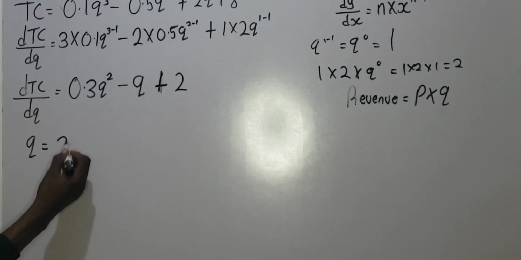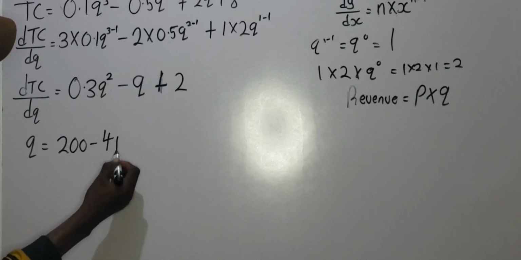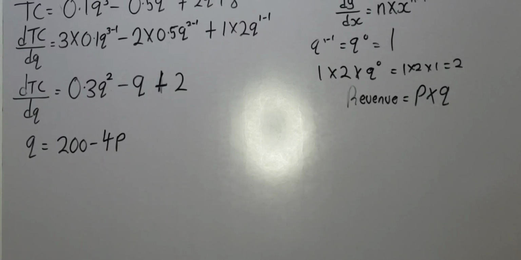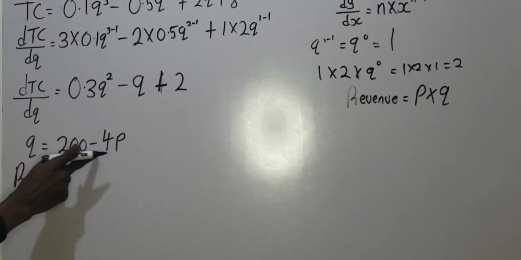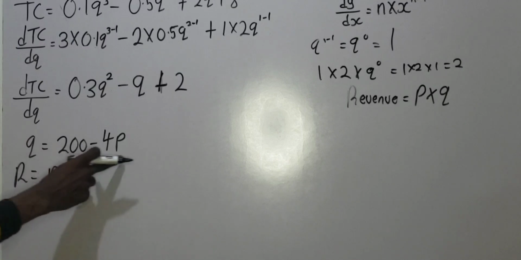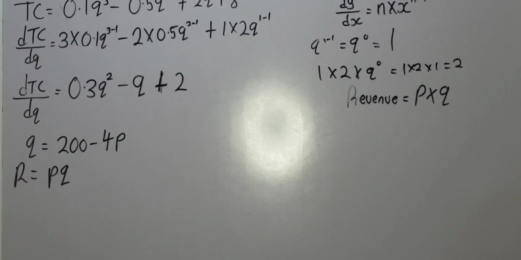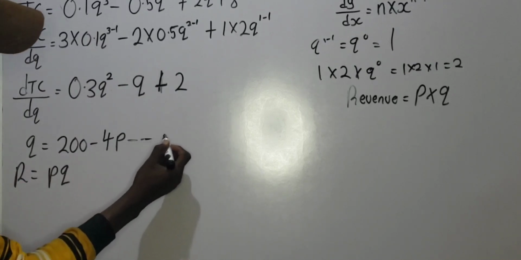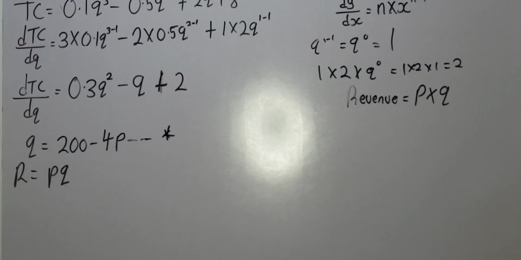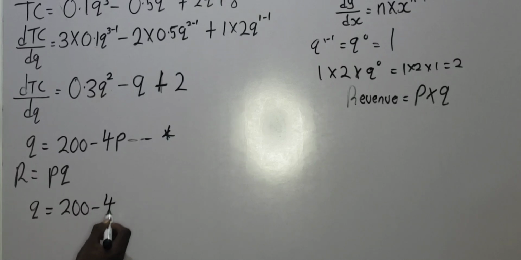Okay? Since you have this knowledge, you can see that Q is equals to 200 minus 4p. Now, we have to get the revenue. Don't forget that revenue, which is R, is equals to price times quantity. But we are given Q is equals to 200 minus 4p. Now, I will make P the subject of the relation. Please, just pay attention, okay? From this equation, let me call this equation star. Make P the subject of the relation. Q is equals to 200 minus 4p.